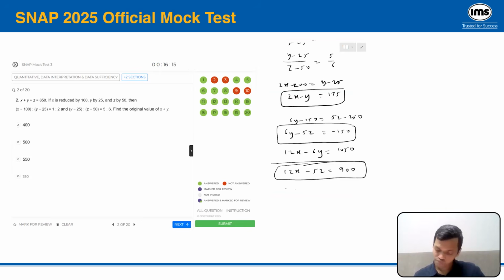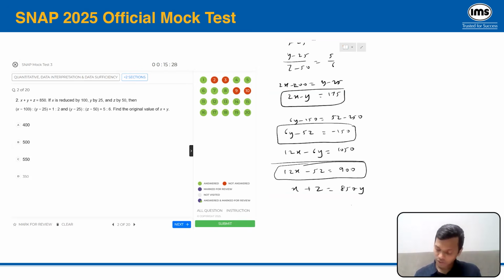Too much to solve, honestly, but because I have 6y minus 5z, we will have the same set of equations basically. X plus z is 850 minus y. But again, I'll get something in the form of y and z, right?